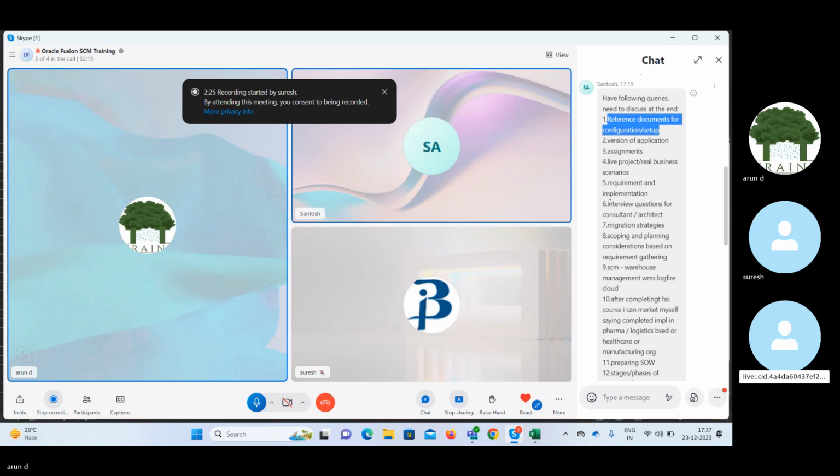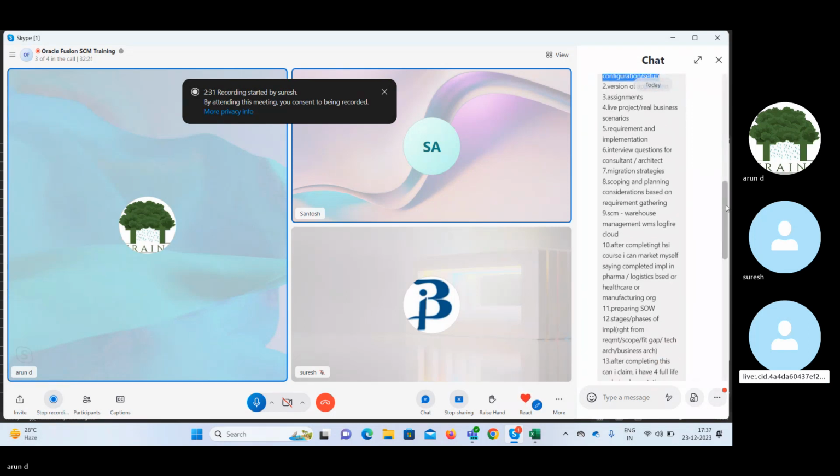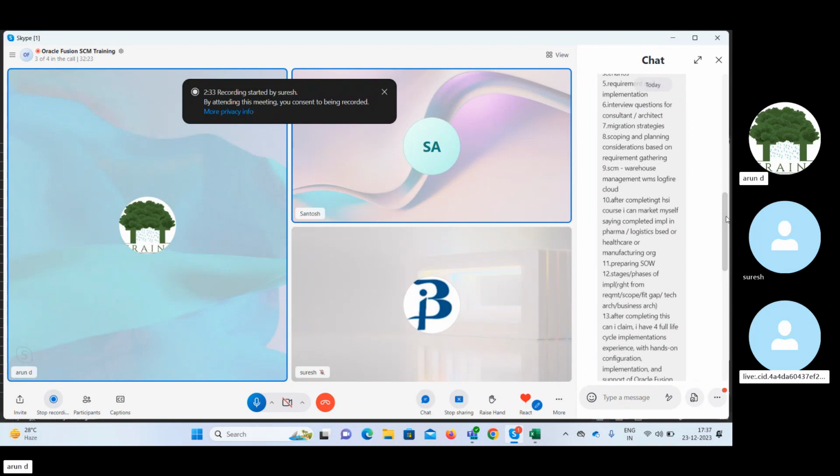Moving on to the 10th one, after completing this, will I be in a position to say that I have done implementations in pharma, healthcare, or manufacturing organizations? Pharma or logistics, I haven't worked with.